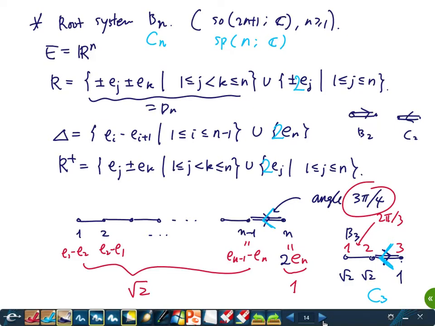All right. So these 4 root systems, AN, BN, CN, DN, they are called classical root systems. So let me summarize them. So AN, here n greater than or equal to 1. This corresponds to SL n plus 1 C. So that it looks like this.